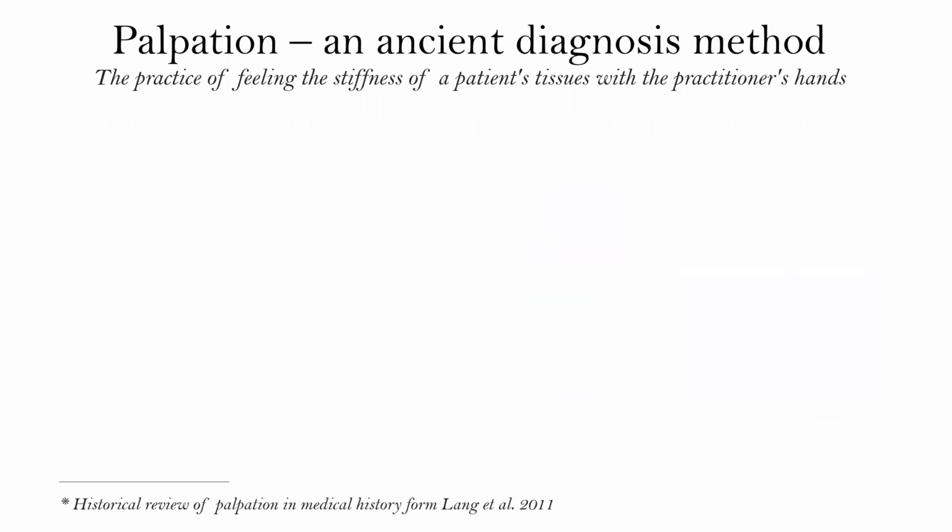maybe that we can actually begin in the future to use this for diagnosis. The practice of feeling someone's tissue in order to distinguish between stiff and soft regions, or different types of rate-dependent behaviors of tissue, is called palpation in medicine. It's a very ancient practice.